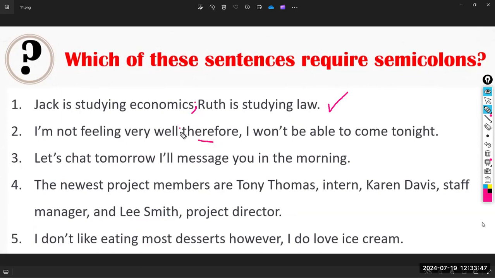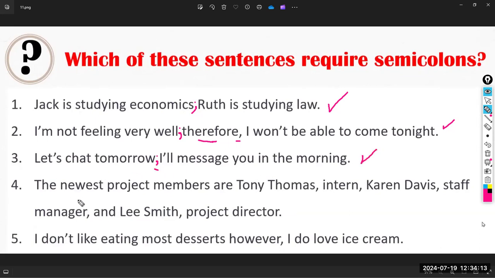Because we have a conjunctive adverb, I have to write a semicolon before and a comma after. However, I want to be able to come tonight. Sentence number three is saying, let's chat tomorrow; I'll message you in the morning. So, two independent clauses. So, I have to write a semicolon to separate the two independent clauses.